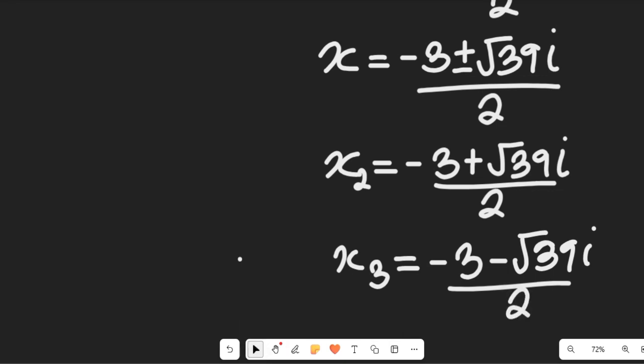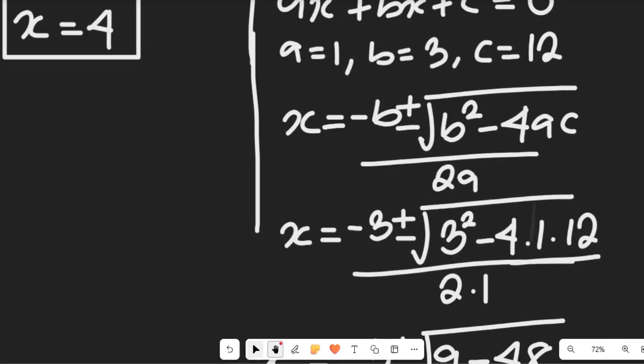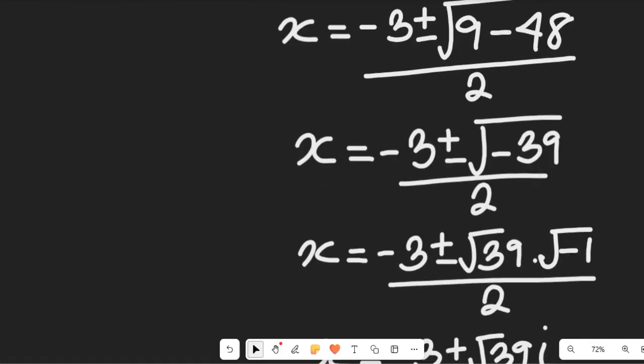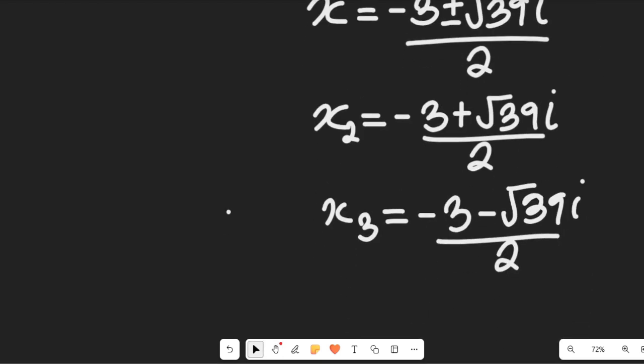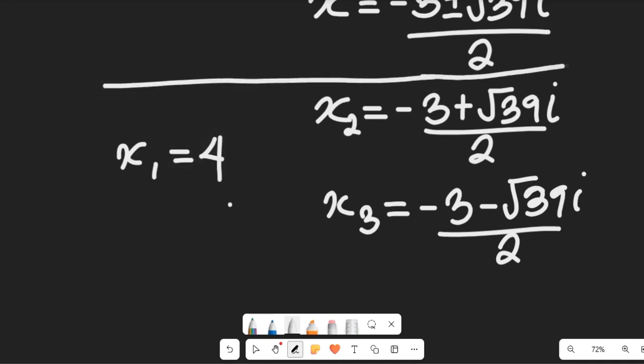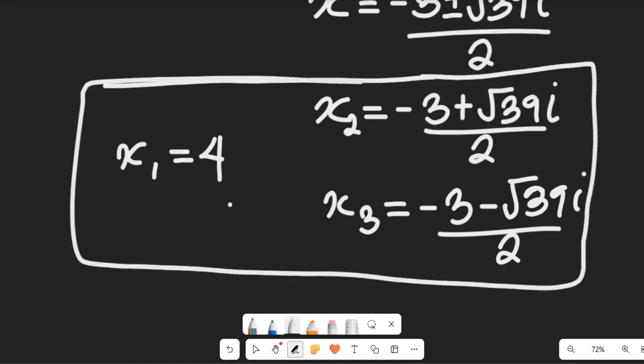From the initial expression, we've gotten a real solution in which the value of our x is equal to 4. So we're going to take that as our x1. From that expression, our x1 is equal to 4. So all these are the solutions to that expression given to us up there.